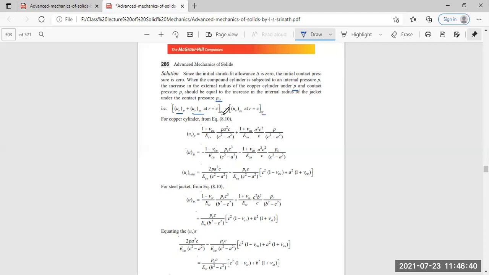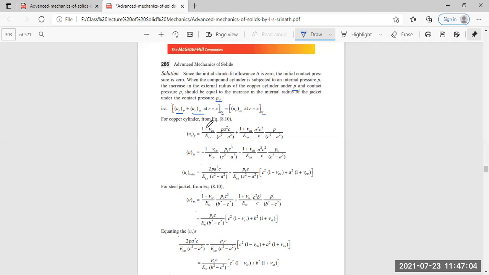First was the copper cylinder, next was the steel cylinder, and these displacements are equal to each other. So the radial displacement due to pressure P is added to the radial displacement due to the pressure PC for the copper, and the radial displacement due to the action of PC for the steel will be equal to each other.